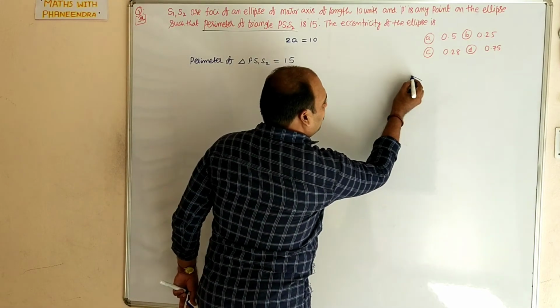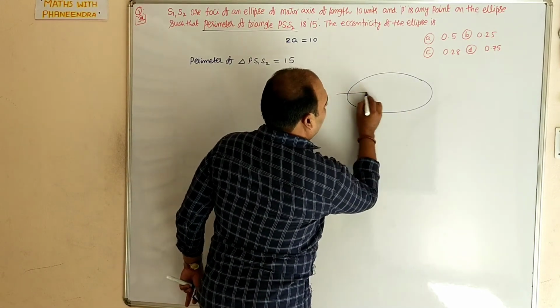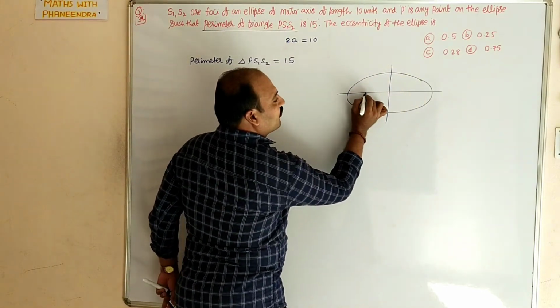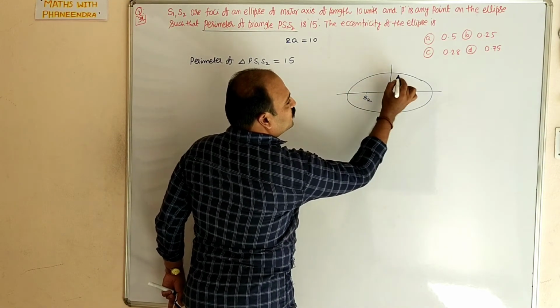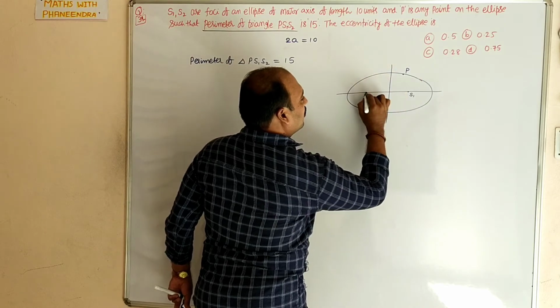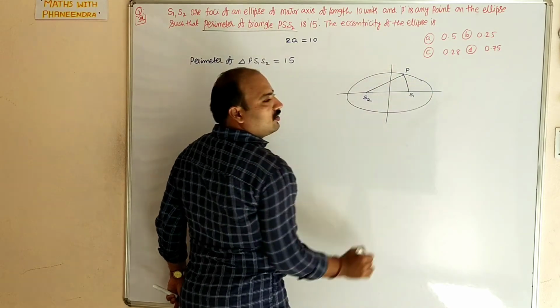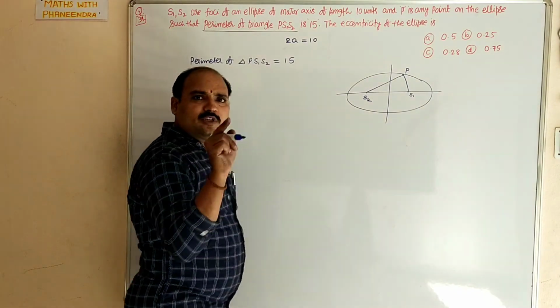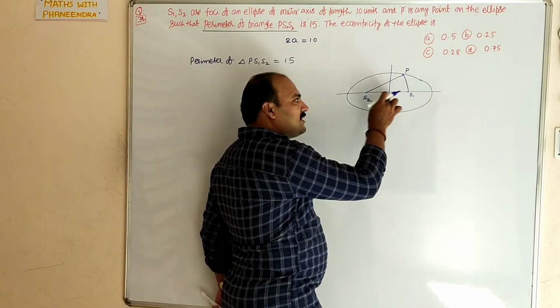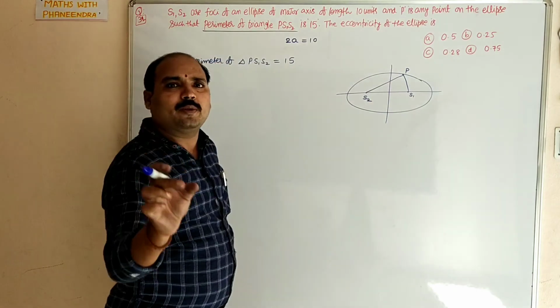If you draw the figure, you will get it: S1, S2 and P. This is the triangle whose perimeter is given as 15. Perimeter means the sum of the sides of the triangle.